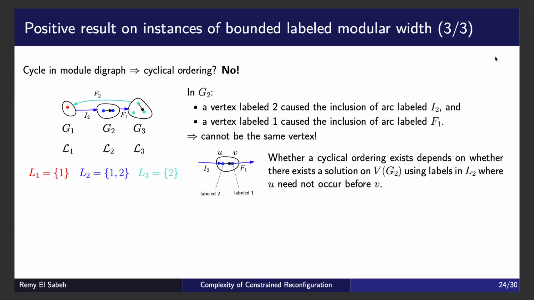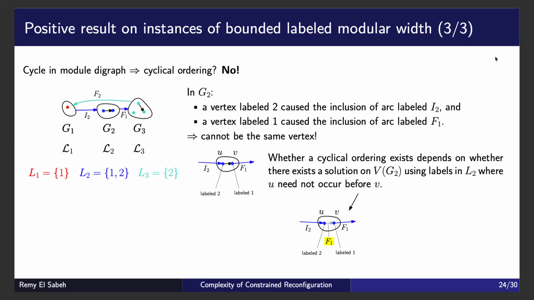So not only do we need to keep track of our family of feasible label sets, we also need to keep track of whether there exists a solution where, let's say in this case, U does not forcibly come before V. Because if there is, and if the solution uses L2 as in here, we're happy. So we can sort of break the cycle and say we can use this union of labels for the entire instance.